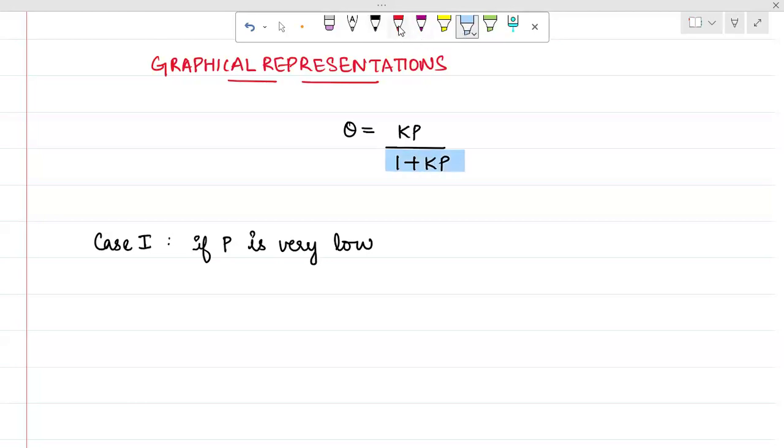So at the denominator, if the P value is very low, the Kp value will also be very low. If the Kp value is very low, the value of Kp in comparison to 1 will be very low. Hence this equation as a whole becomes theta is equal to Kp. Why? Because you neglected the value of Kp in the denominator and what you have is Kp by 1.